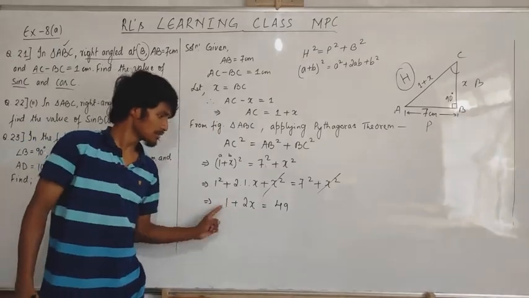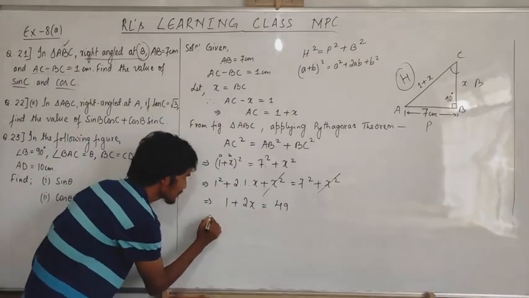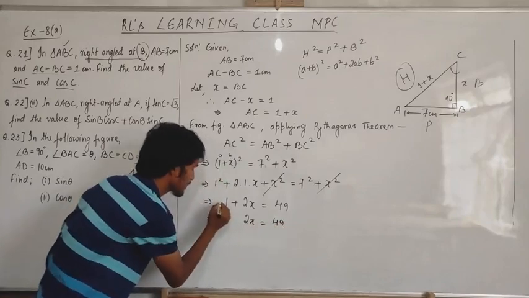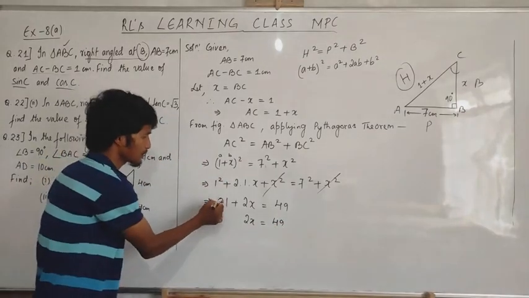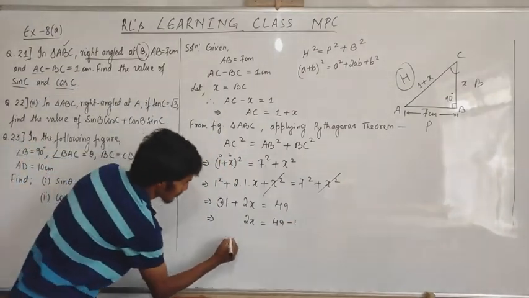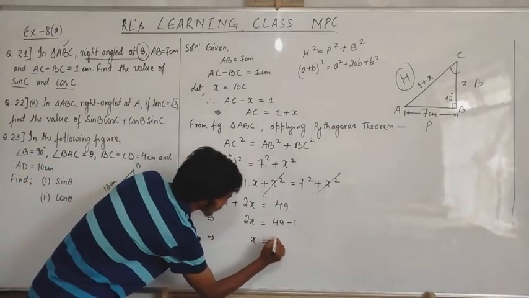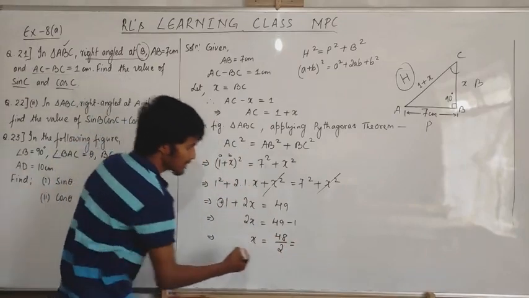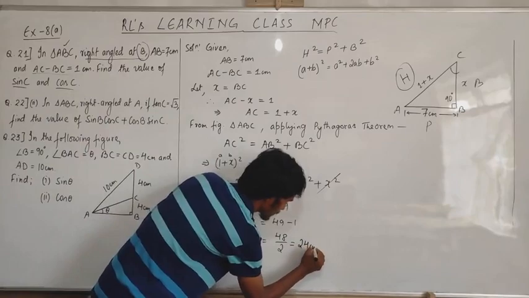Now if I take this one to this side, then we got 2x is equal to 49 minus 1. The plus becomes minus when taken to this side, so it's 48. Then we got x is equal to 48 divided by 2, which is equal to 24 centimeter.